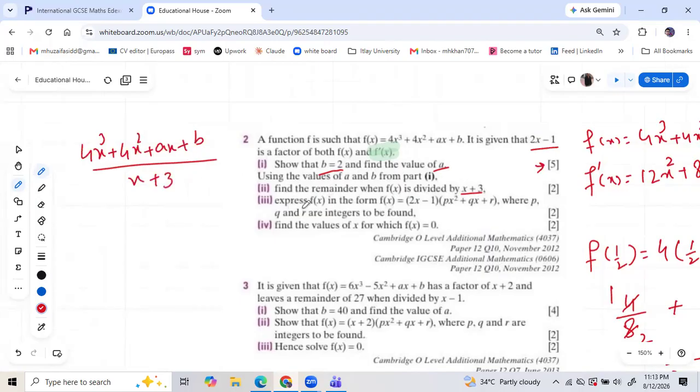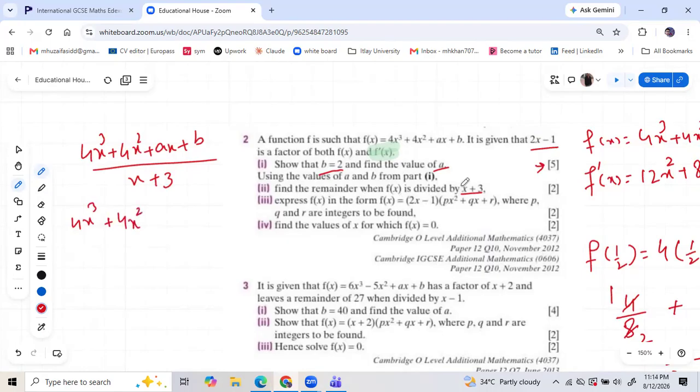Look at it here. In our previous first problem, he can also bound us to use the values of a and b from part 1 to find the remainder. So your equation will be like this type, 4x squared. So what is the a value?